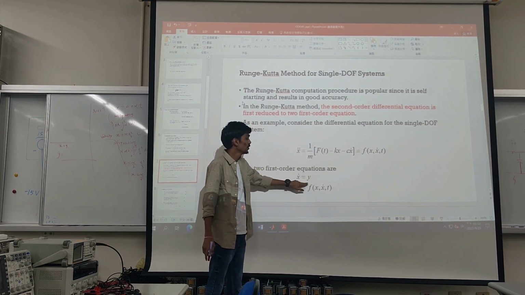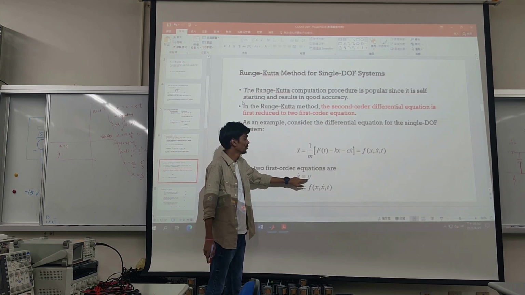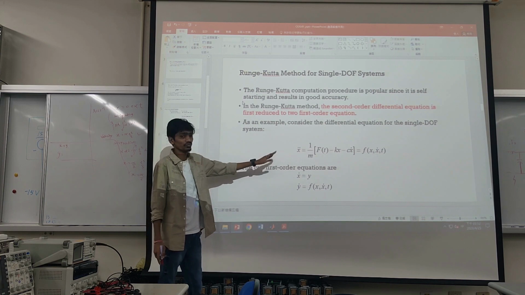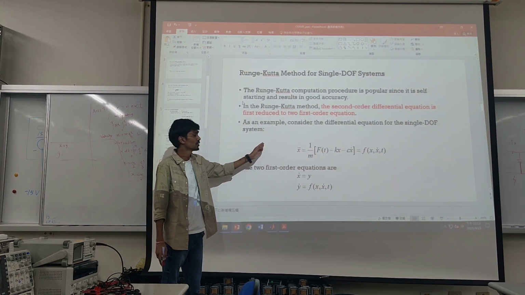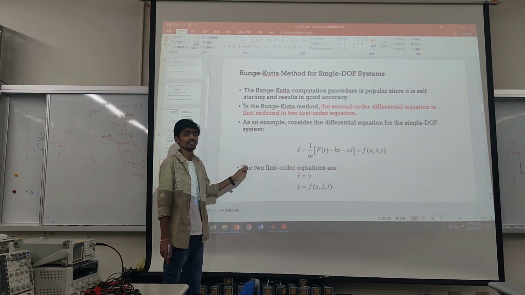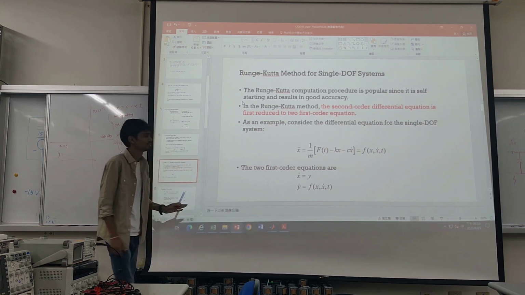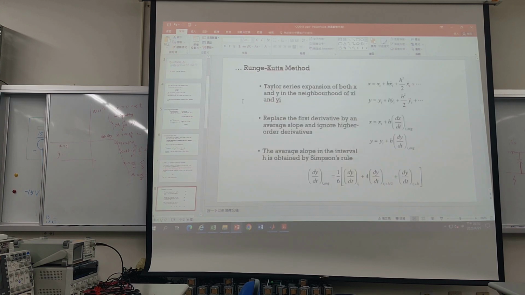So after that, y is our variable, which is velocity. Now y is our velocity and x is displacement. We are going to find out y, the velocity, first. After that, from the velocity, we are going to find out the displacement. This is what we are going to do.